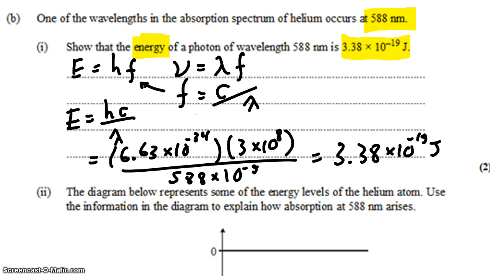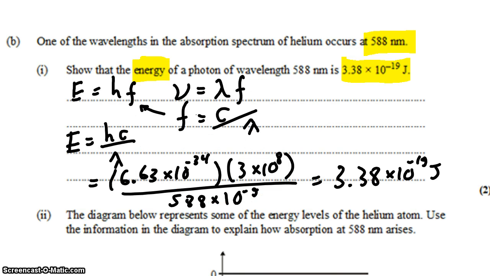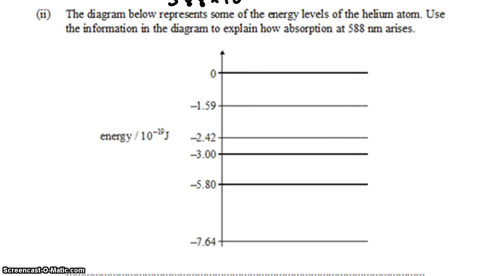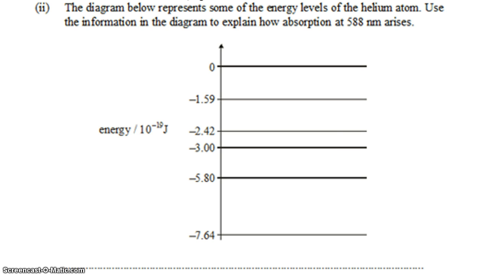We have to recognize that when it absorbs that photon, its electron is absorbing 3.38 times 10 to the negative 19th joules. So is there a way for its electron to gain 3.38 times 10 to the negative 19th joules of energy? And when we look at this chart, we see that there is.